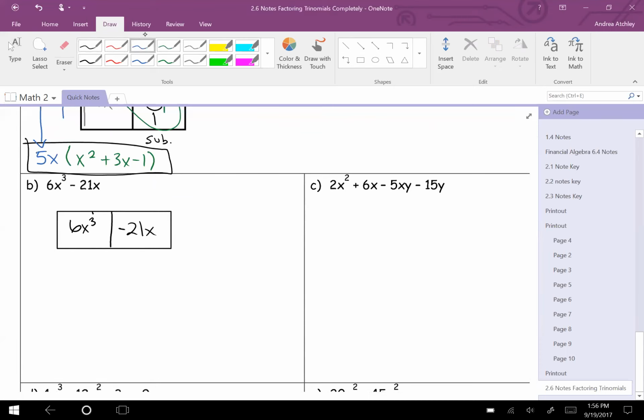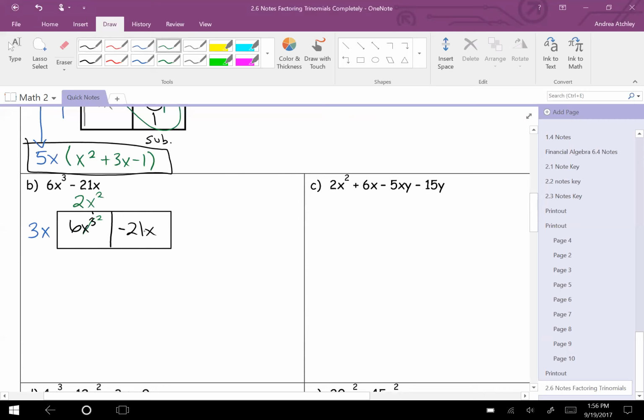Okay, so we determined there's an x involved, but they can both be divided by 3. So then I divide. 6 divided by 3 is 2. And x cubed divided by x, I take 1 away and I get x squared left.